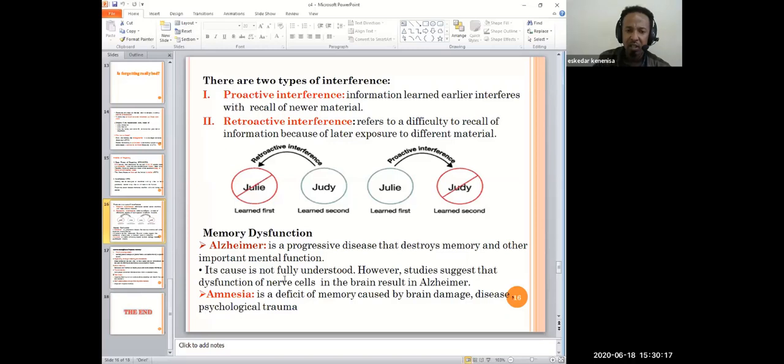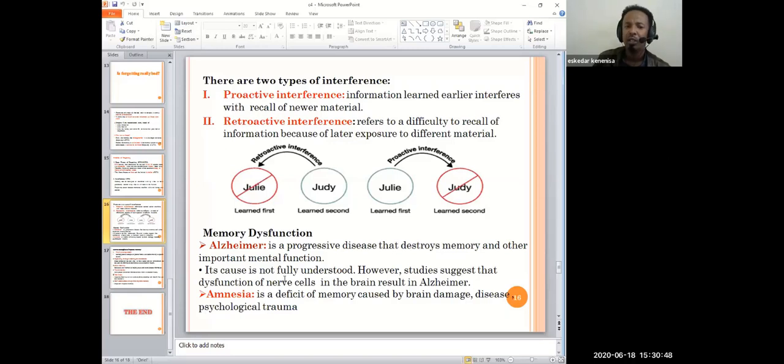When the cells that function our memory start to die, then the brain won't have the capacity to analyze things, to investigate things, to do things smoothly. So when this is severe, sometimes people start to forget their kids, their names, their house, and everything. This is called Alzheimer's disease.